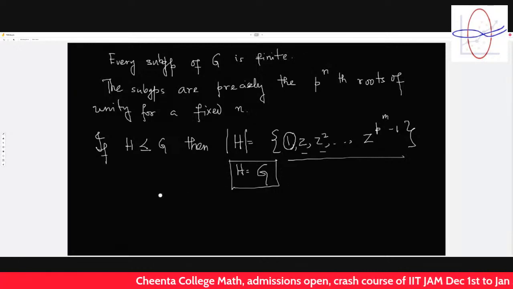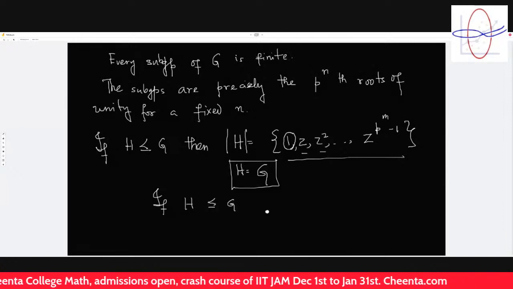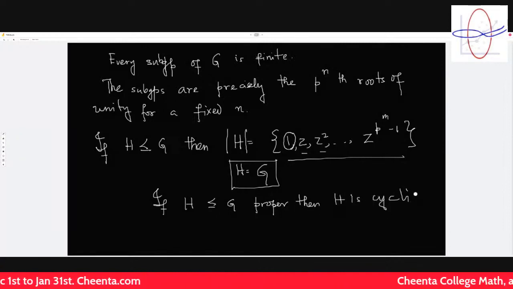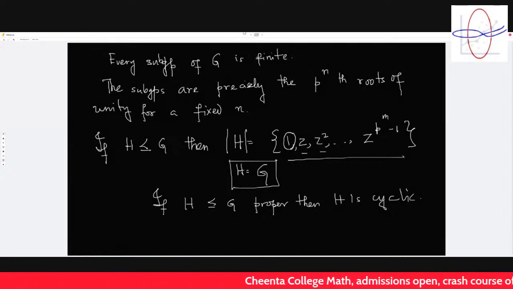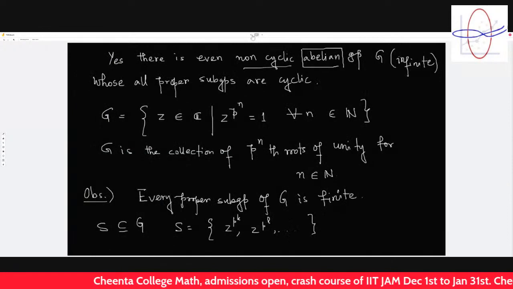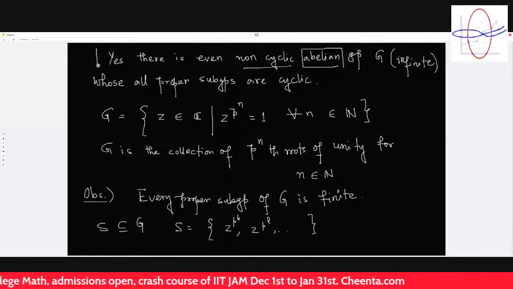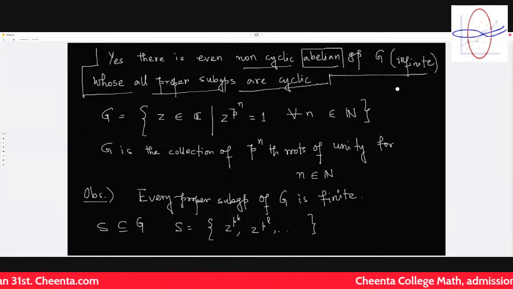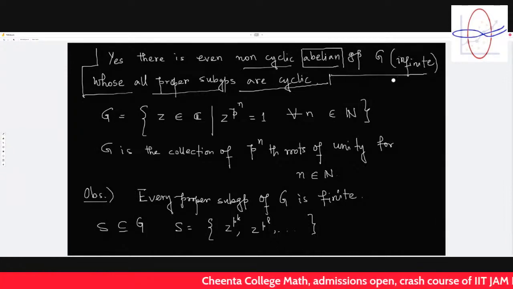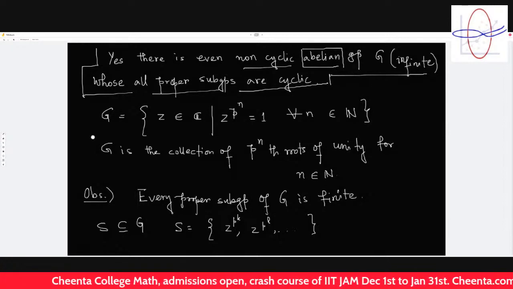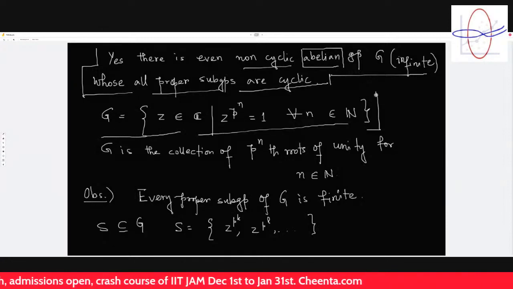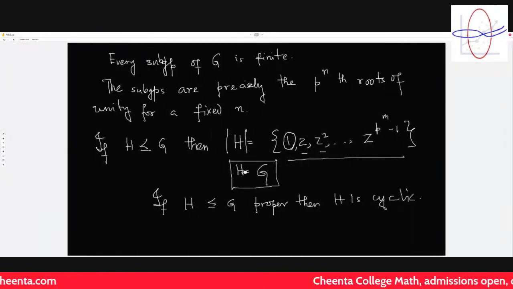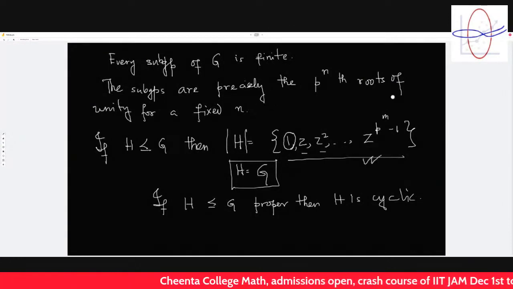And that makes sure that if H is a proper subgroup of G, then H is cyclic. So this is one of the examples that you might try to keep in the back of your mind: there exists a non-cyclic abelian group of infinite order, all of whose proper subgroups are cyclic, and that is this group. Every subgroup of this group precisely looks like this for some fixed m.